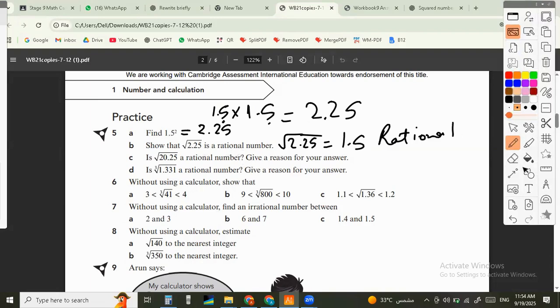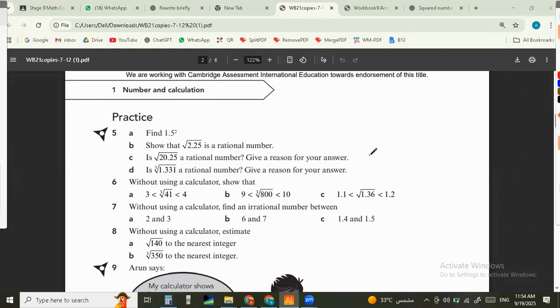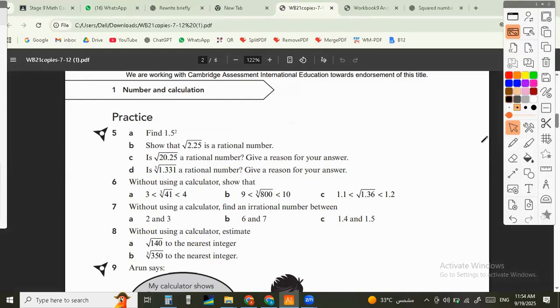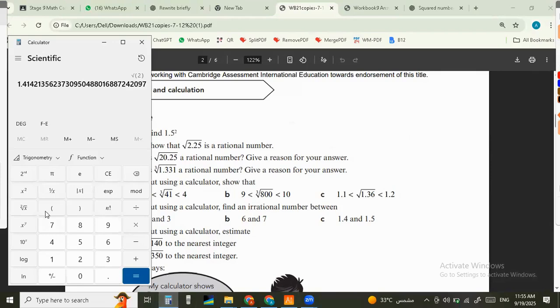You're going to need to use the calculator for this, and you're going to find that the square root of 20.25 is going to give you, let's use the calculator for that. Here, let's say root of 20.25, definitely have a scientific calculator, 4.5. So the first one is 4.5. Yes, it is rational.